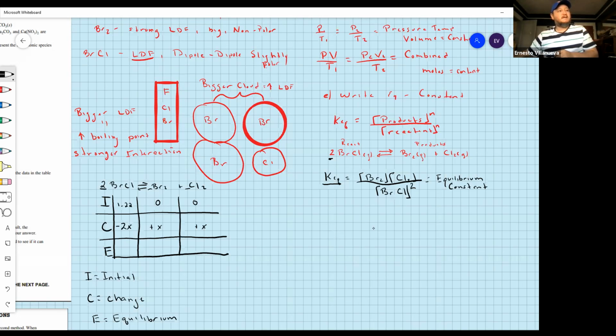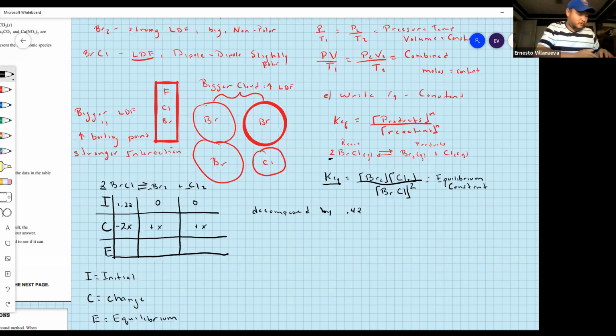So we said it decomposed by 42% or 0.42. So 0.42 of 1.22 gives you 0.51, right?